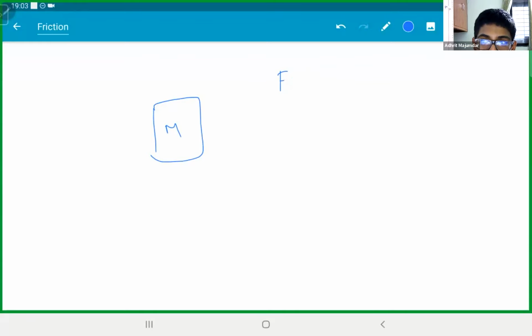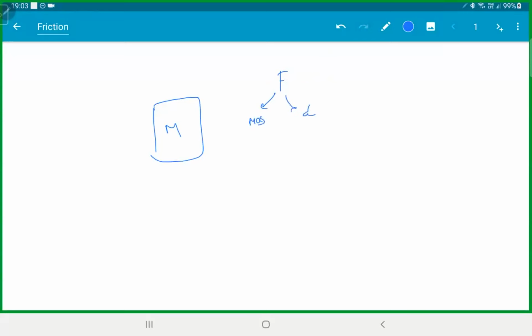Magnitude and direction, right? If I know the friction's magnitude and the force's direction, my job's done. This entire chapter teaches you only one thing: how to find the friction's magnitude and direction. If you know that, put it in a free body diagram, draw an FBD, write the equations, solve. It becomes exactly laws of motion again.